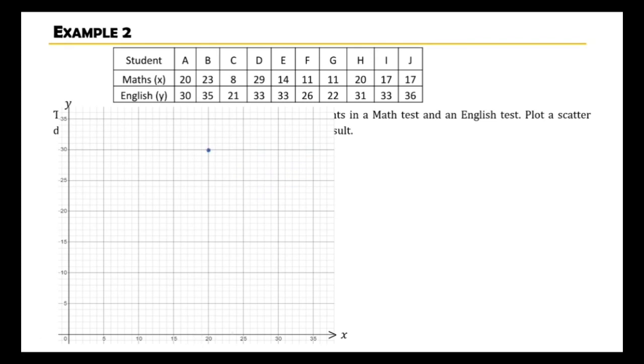And plot the rest of the students. B, 23. This is the scatter diagram for this data. So we can notice that when x increases, y also slightly increases. Therefore, x and y have a positive linear correlation.